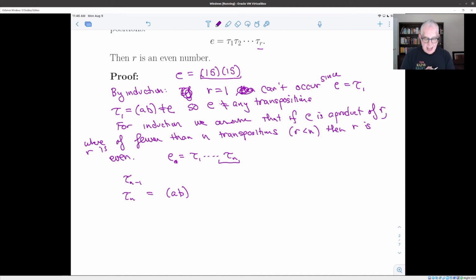Let's focus on A. So tau n minus 1, there are 3 possibilities for it. Namely, it could not involve A at all, but it could include B. It could involve A but not B. It could involve A and B, or it could involve neither A nor B. So what are the possibilities? So tau n minus 1 has 4 possibilities.